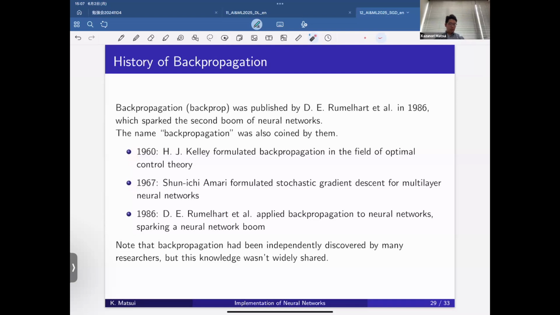Not only that, but after that too, although the name backpropagation wasn't attached, it was independently discovered by many researchers. However, there was a background that this knowledge wasn't widely shared. It was through Rumelhart and others that it came to be properly shared enough to cause the second boom, but it's worth knowing that the Japanese people also contributed, so please remember this.